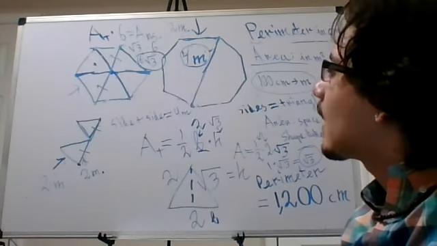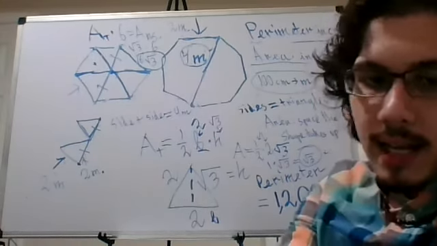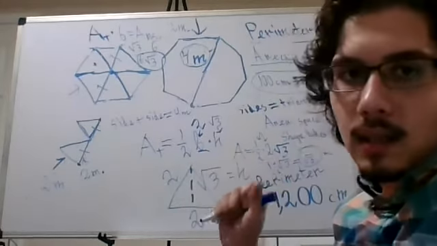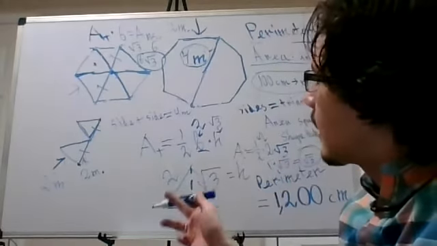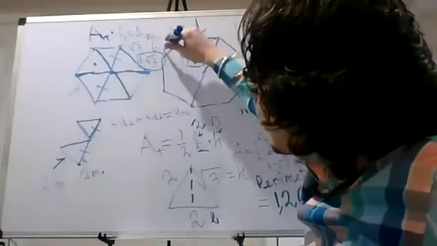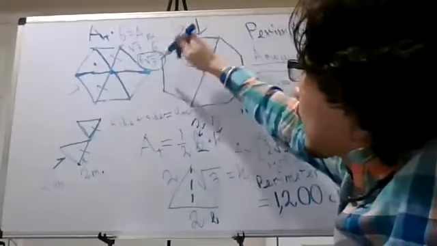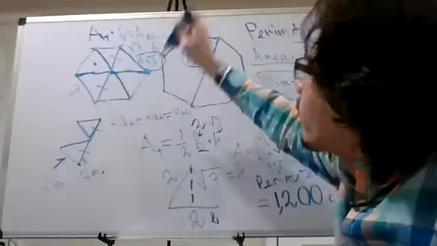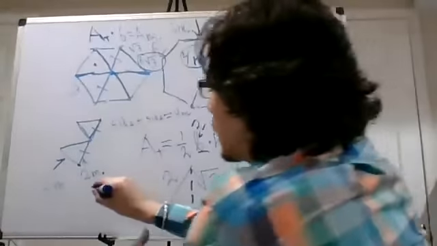I'm not hearing anybody, so I am going to assume you are saying yes, unless there's internet issues. This is not correct. This does not describe an area because 6 square root of 3 is just a regular number.